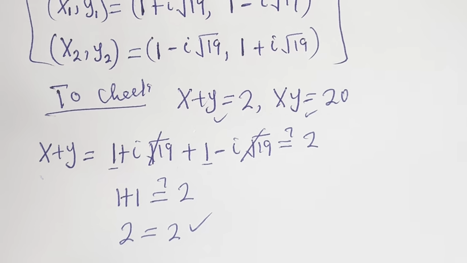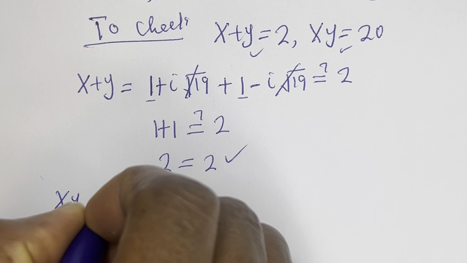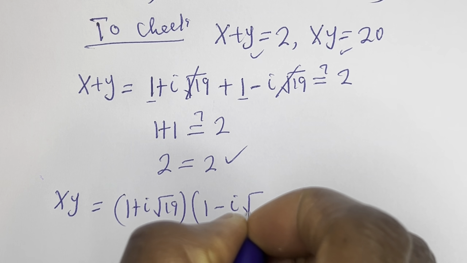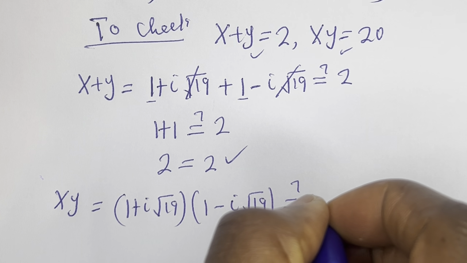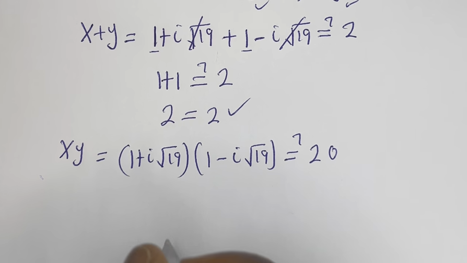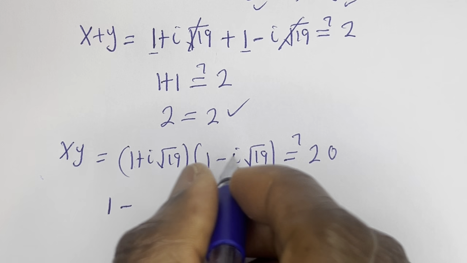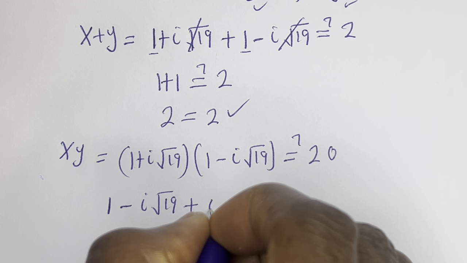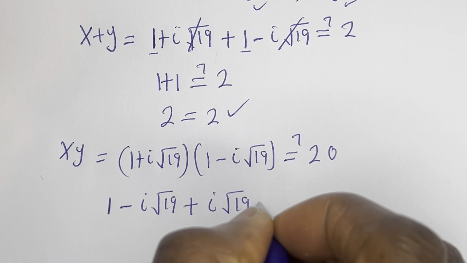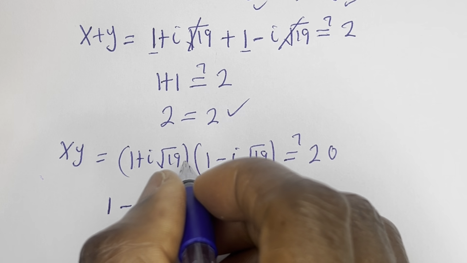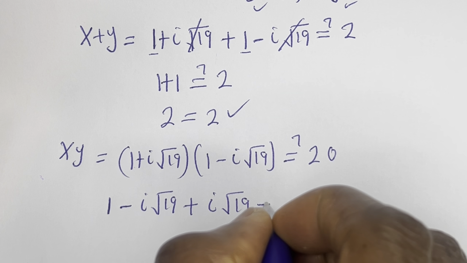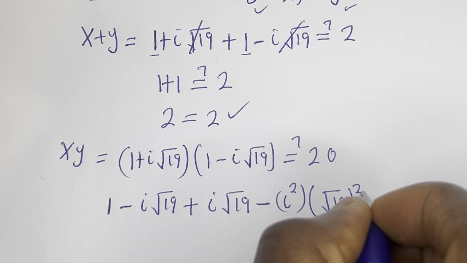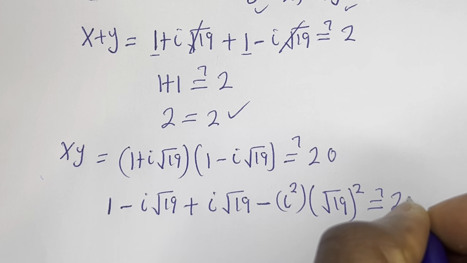Now let's consider this. xy is equal to 1 plus i root 19 multiplied by 1 minus i root 19 must be equal to 20. 1 times 1, that is 1, minus 1 times i root 19, this is i root 19, plus i root 19 multiplied by 1, this is i root 19, then minus i root 19 plus i root 19 multiplied by minus i root 19, this will be minus i square multiplied by square root of 19 square, must be equal to 20.